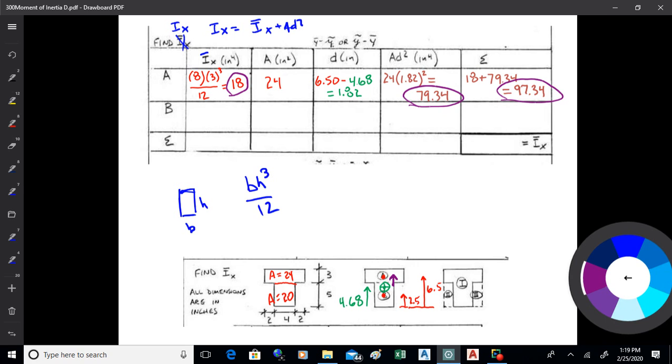So we want I bar x, which is BH cubed over 12, the area, which you've got already, the distance, which would be from the neutral axis to the centroid of B. Then you go AD squared and add it to the BH cubed over 12.